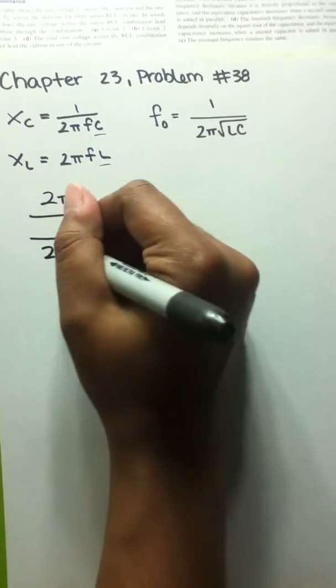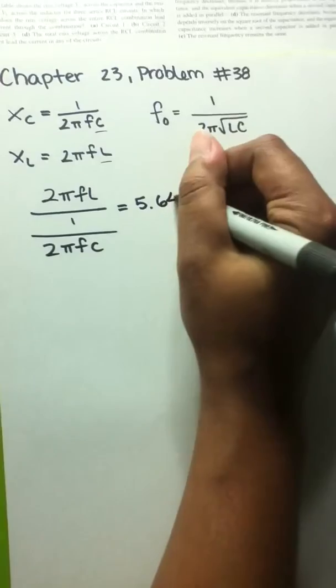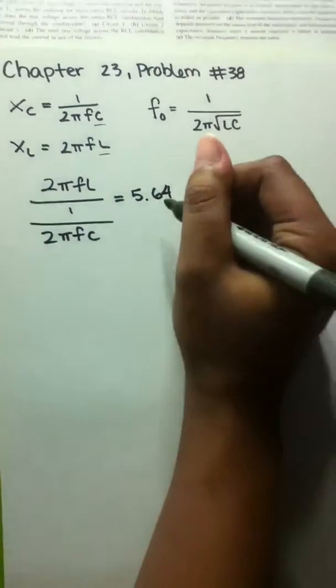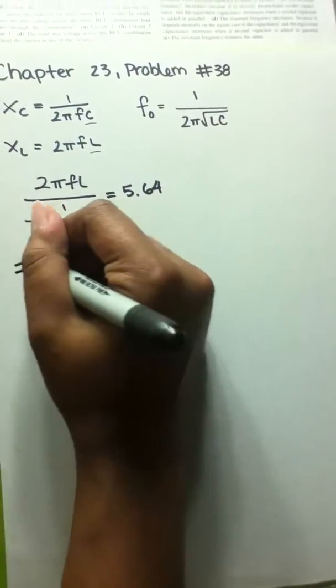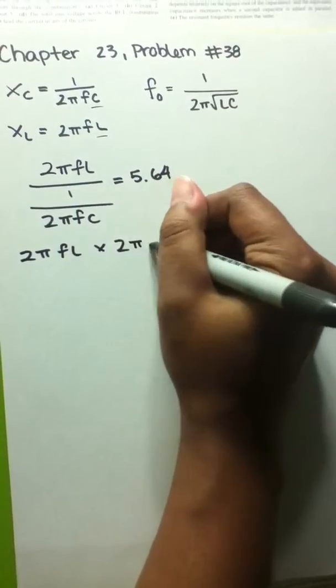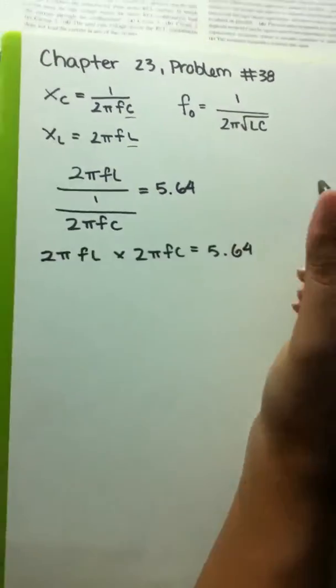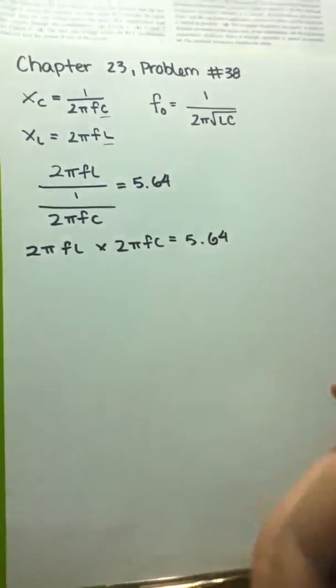This is what is meant by the ratio of, and it is set to 5.64. Another way to represent this is doing 2 pi FL times 2 pi FC, or the capacitance, which is equal to 5.64. Right here I'm just rewriting the equation.